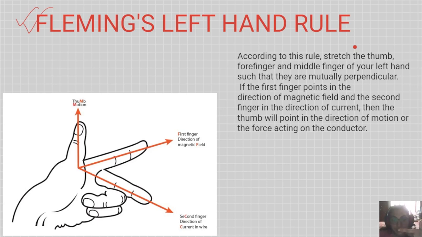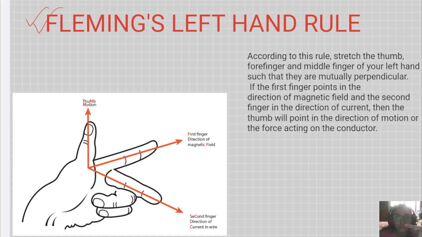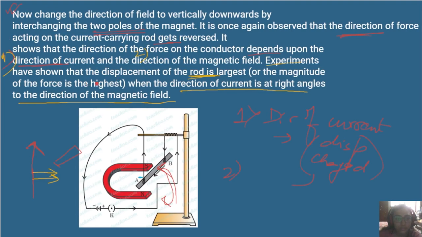So basically now you can understand why they said that the displacement of the rod is the largest when the direction of the current is at right angles to the direction of the magnetic field, because this is the maximum angle that the three of them can achieve, right? So it can't go beyond 90 degrees, because then the value starts getting negative.